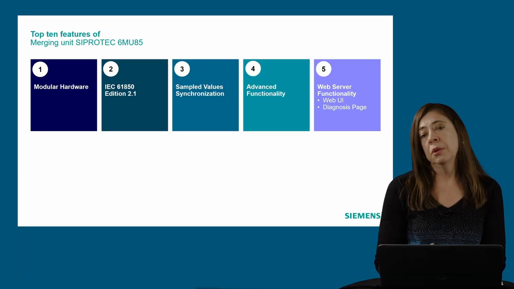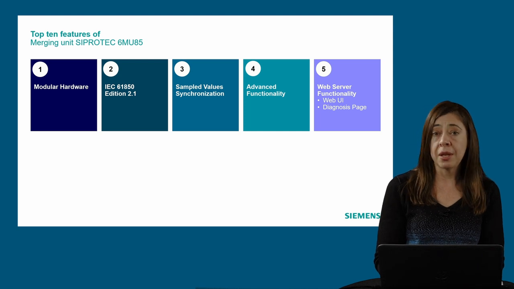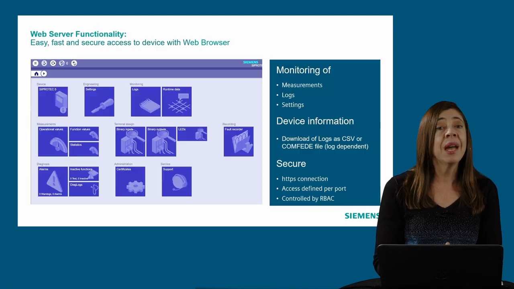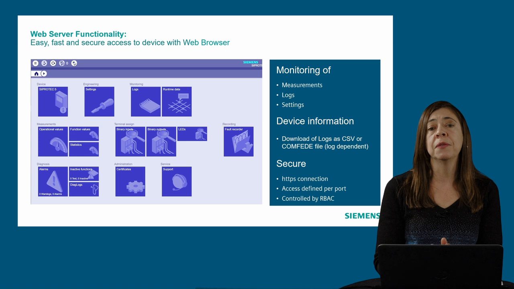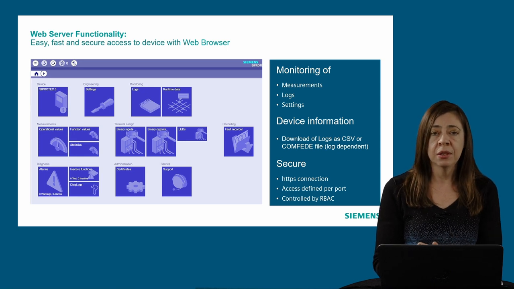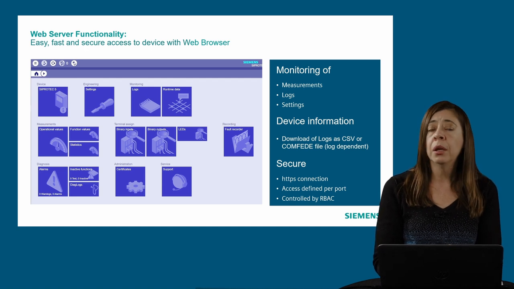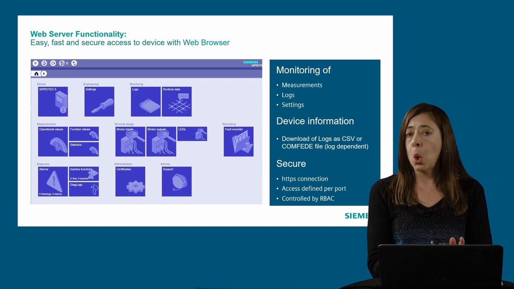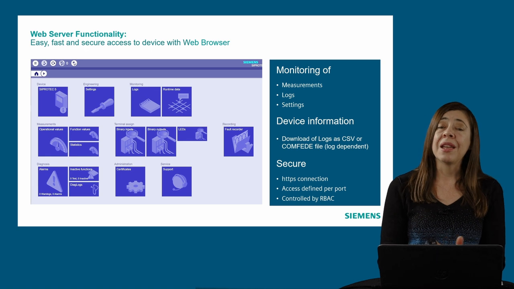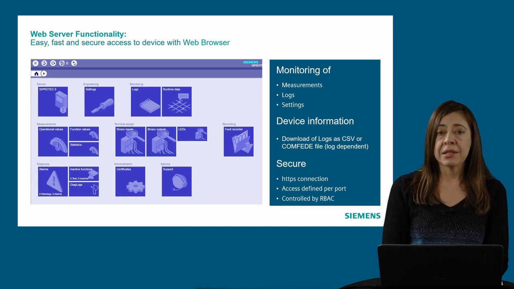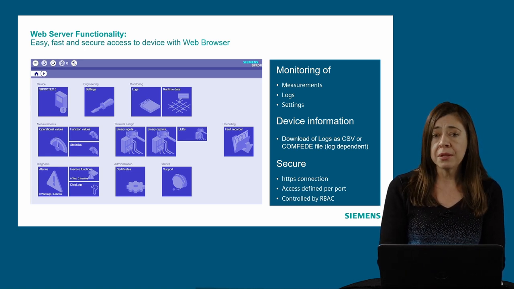The fifth feature is the web server functionality. And here we have two types of servers. The first one is the user interface, where you have complete access to the information in the merging unit. So you can monitor all the measurements, logs, settings. You can export the files that are included in the device in different types of formats.